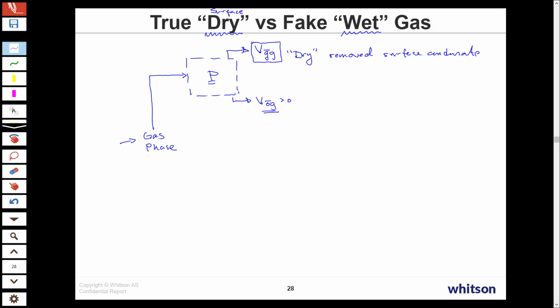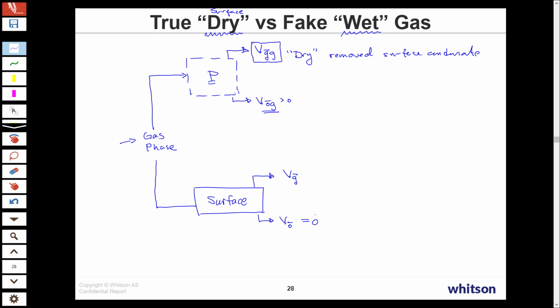Now, sometimes we want to look at that gas phase brought to the surface. Okay, brought to the surface. And for some crazy reason, what we want to say here is that coming out at the surface is only surface gas, and that you get no surface oil. But that's not really what we're saying.